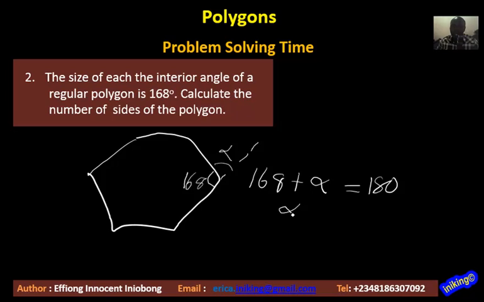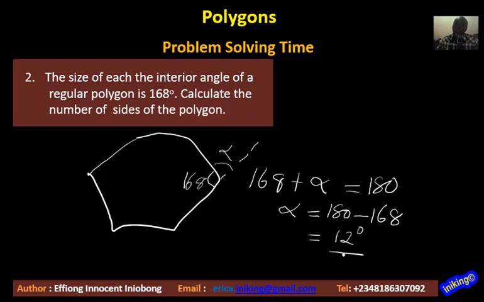Which means I can easily obtain the exterior angle, and that will be 180 minus 168, which is 12 degrees. Now remember, we are told it's a regular polygon, which means each of the interior angles is 168, and which also means that each of the exterior angles will be what?